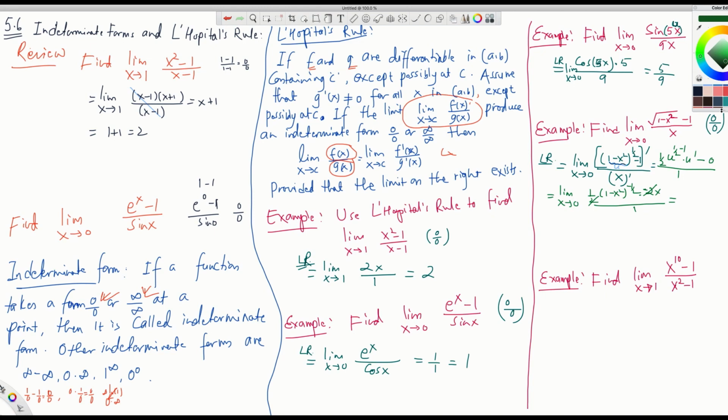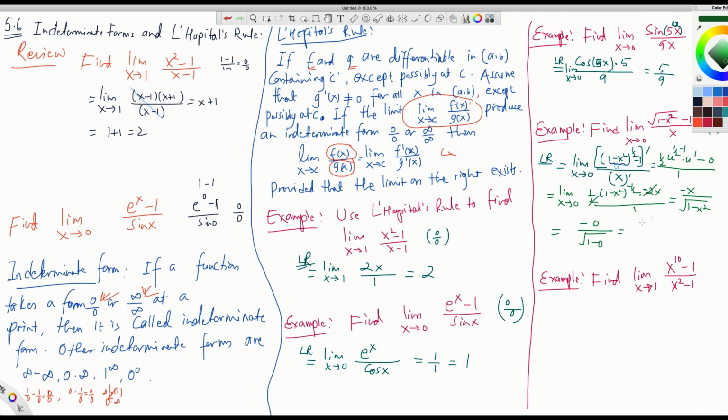Let us talk about how it will look. It will look like this: negative x, because there is 1, and 2 is gone already, over this goes to the bottom with a positive 1/2 exponent, but I want to write that as the root of 1 minus x squared. Let me plug in the limit there. If you plug in the limit, you will get negative 0 over root of 1 minus 0.